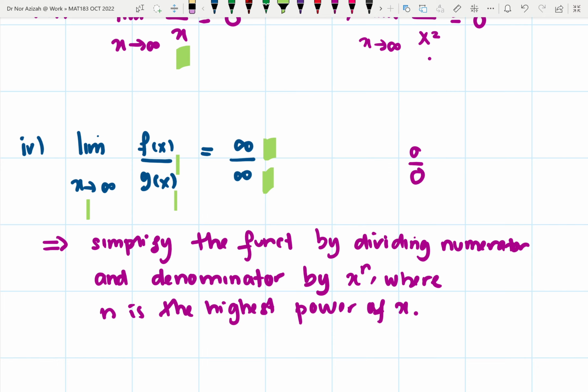Okay, you need to factorize. Or you can multiply by the conjugate. But what should we do if you got infinity over infinity? Okay, so based on this statement, what you need to do is simplify the function by dividing numerator and denominator by x to the power of n, where n is the highest power of x. Okay, that's what you need to do.